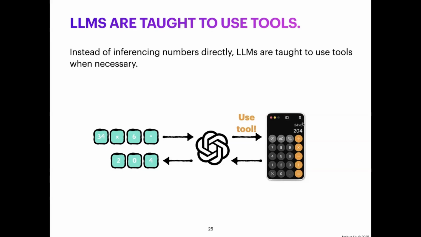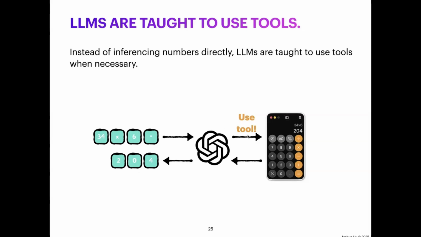The output of this tool will be passed back to the large language model, and the large language model will use this as context or reference to generate the output.